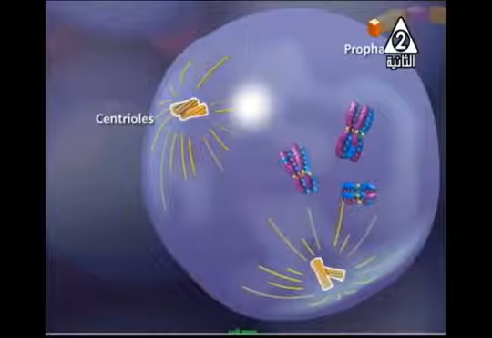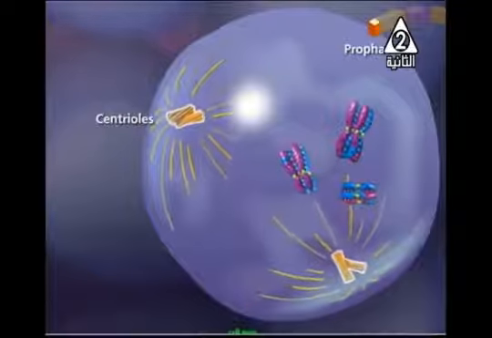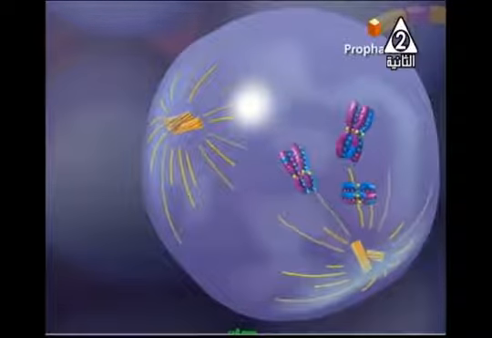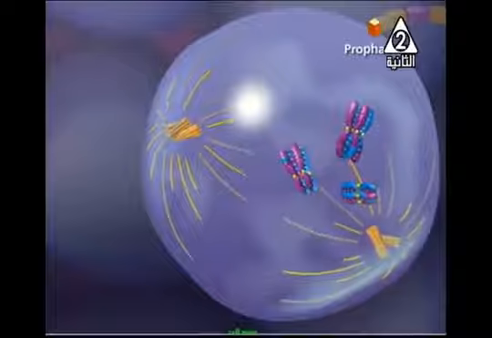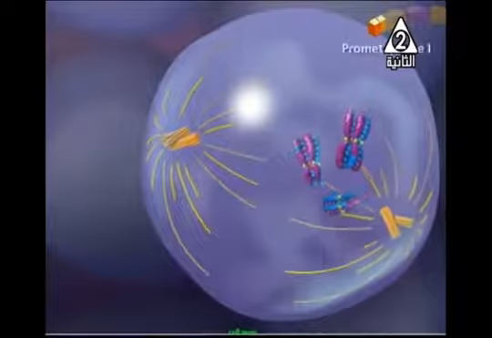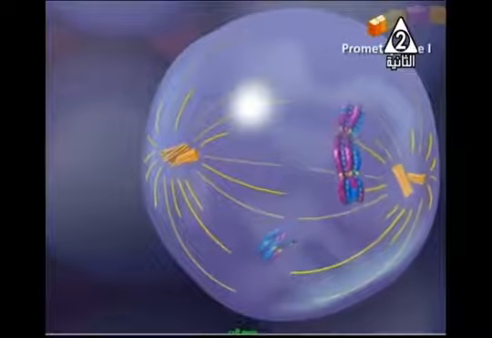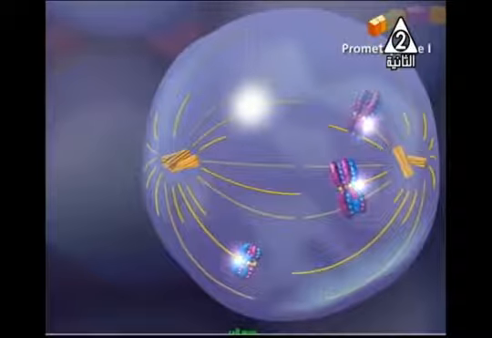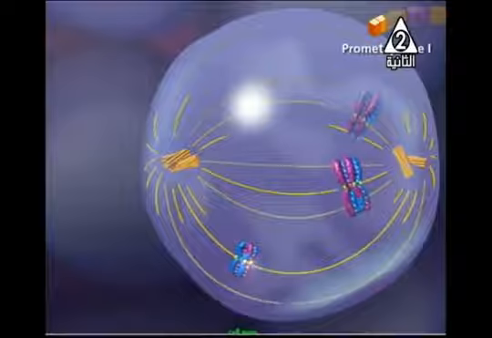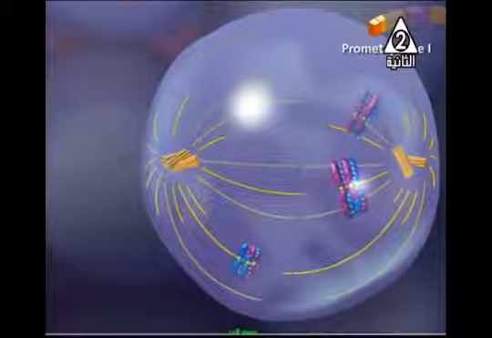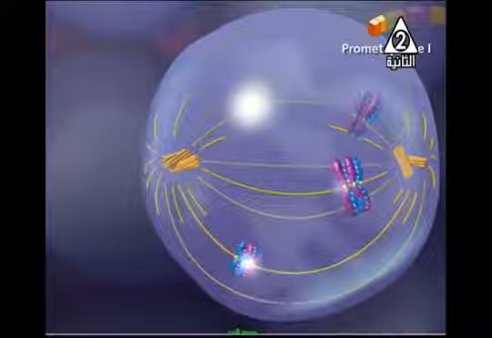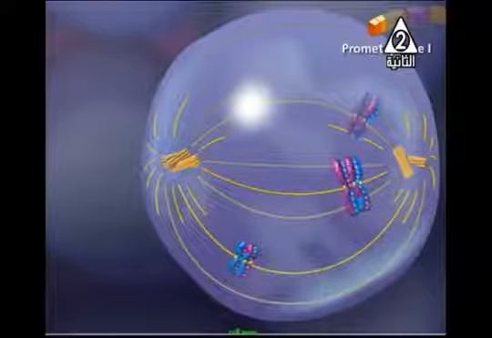The spindle fibers extend to connect to each tetrad. Then the cell is ready to go to metaphase of the first meiotic division. In metaphase 1, the chromosomes are arranged at the cell equator to be connected with the spindle fibers.